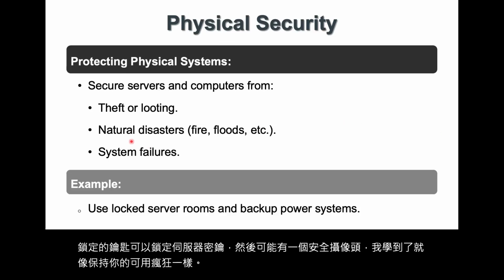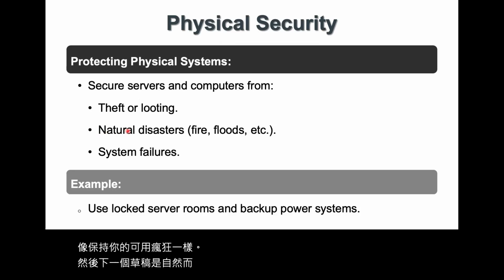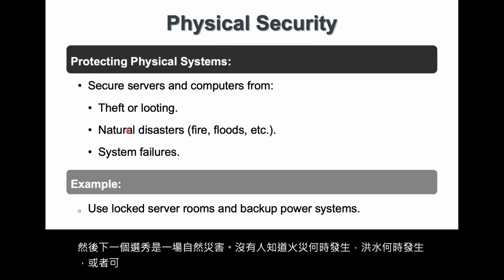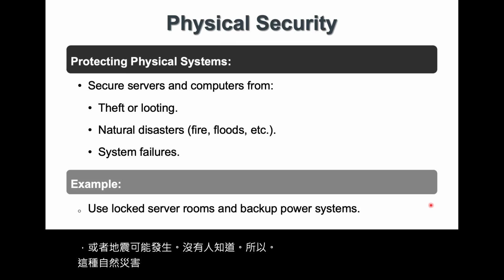And then the next threat is natural disaster. No one knows when a fire happens, when a flood happens, or maybe an earthquake will happen. This kind of natural disaster can destroy the physical system.